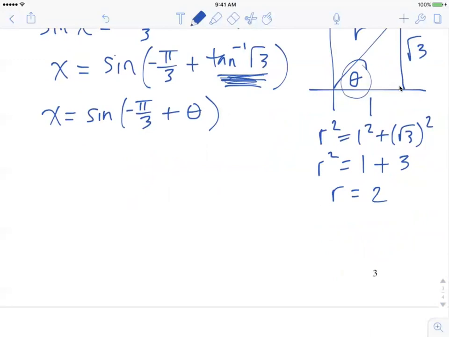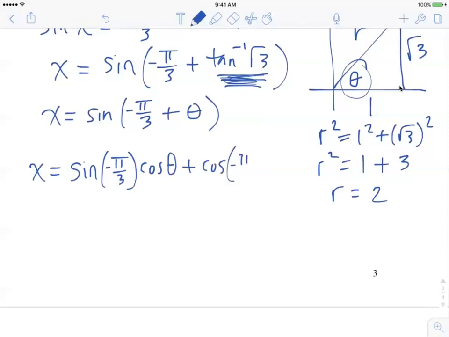The sum identity for sine from 7 point whatever when we did that. Remember how that works? It's sine of the first angle, cosine of the second, plus cosine of the first angle, sine of the second.